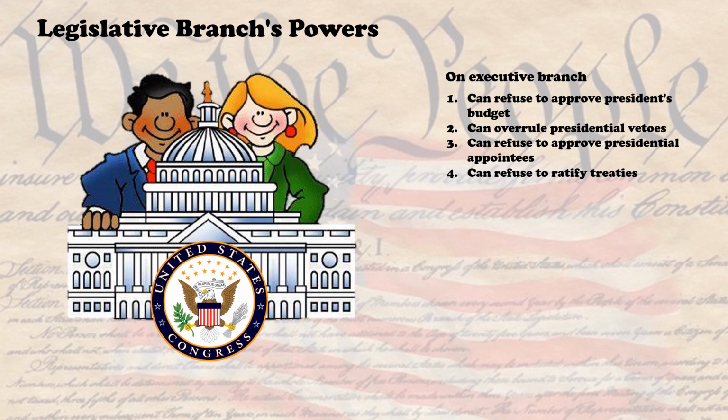As the chief executive officer of the United States, the president is empowered to negotiate treaties on behalf of the country. But once again, checks and balances prevents the president from having the final say in whether a treaty is in fact ratified, right? Which simply means followed by the United States, right? That falls to the legislative branch.